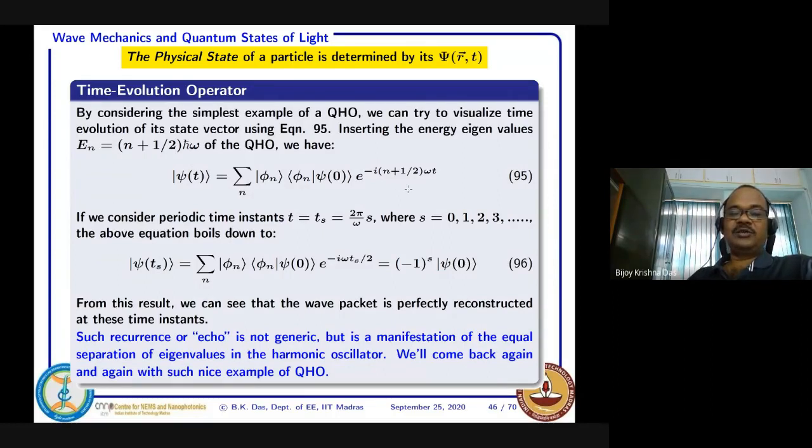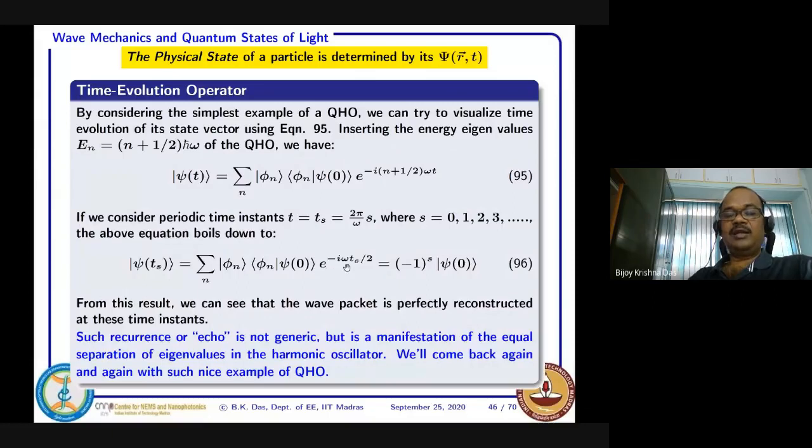Now, if you put t equal to t s equal to 2 pi by omega s, that is a particular discrete time point. At every period you want to get the value, so instead of t, I am writing t s. Again, the components are there, the spanning vectors, and then psi 0.